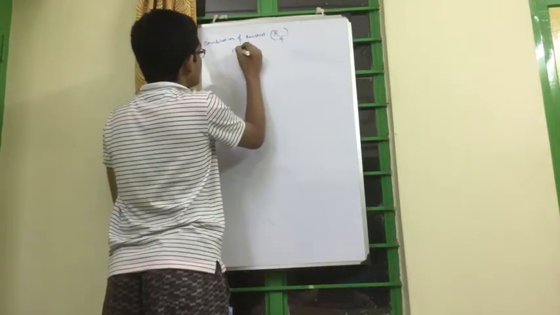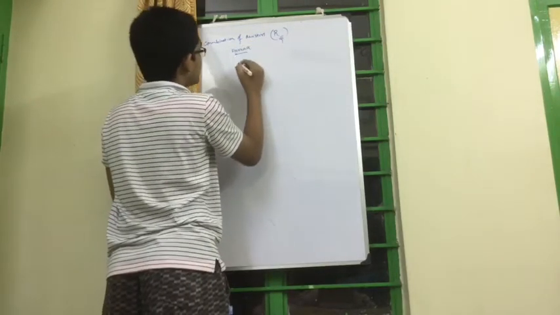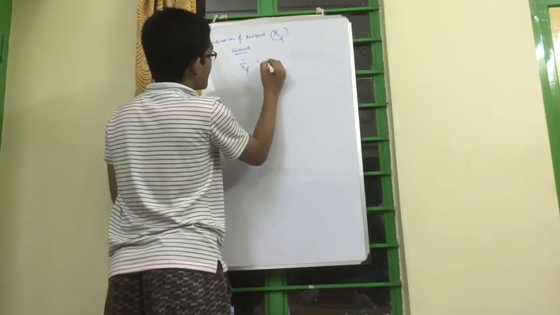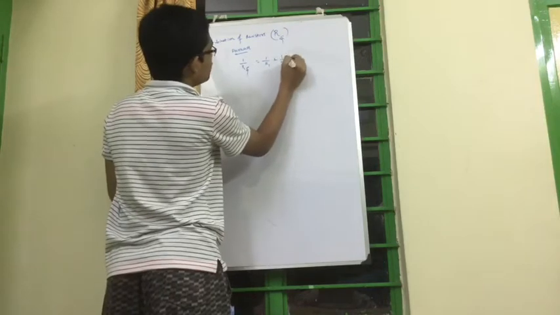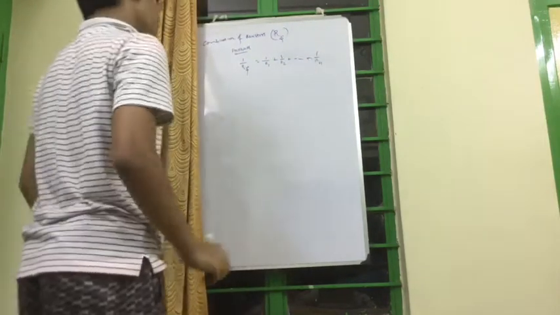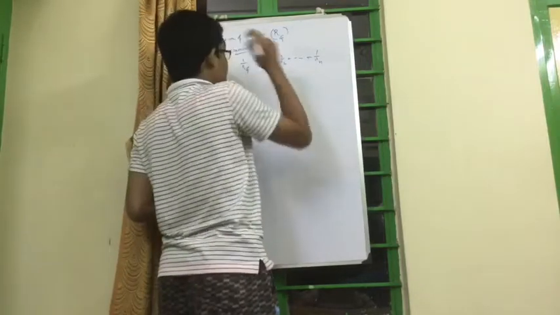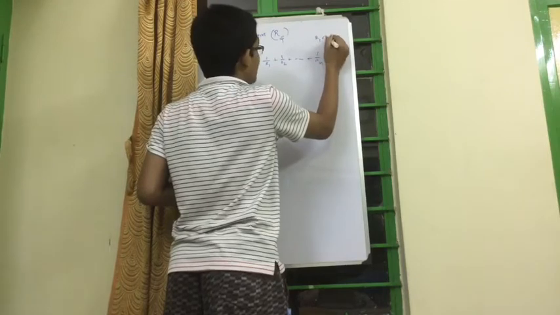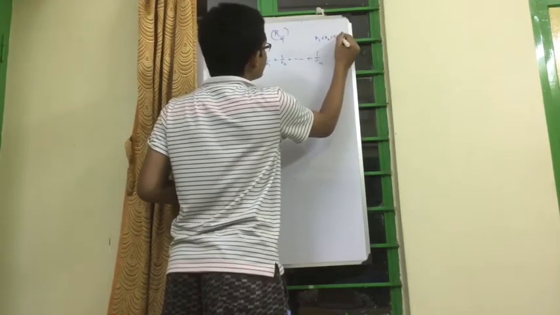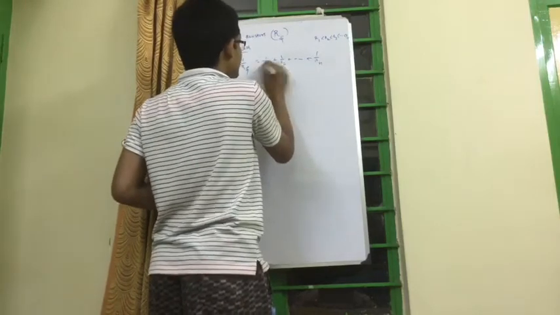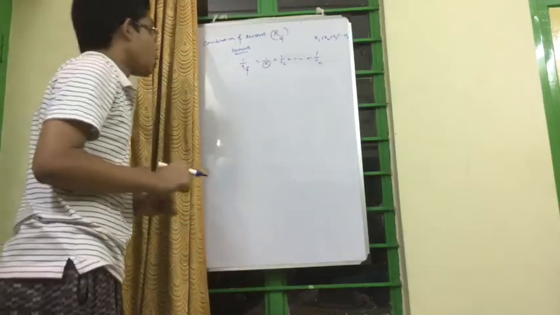If it is a parallel combination, then the equivalent resistance 1 by Rs will equal 1 by R1 plus 1 by R2 plus up to n number of resistors Rn. It is given to you that R1 is less than R2 less than R3 less than up to Rn, meaning R1 is the least resistor.